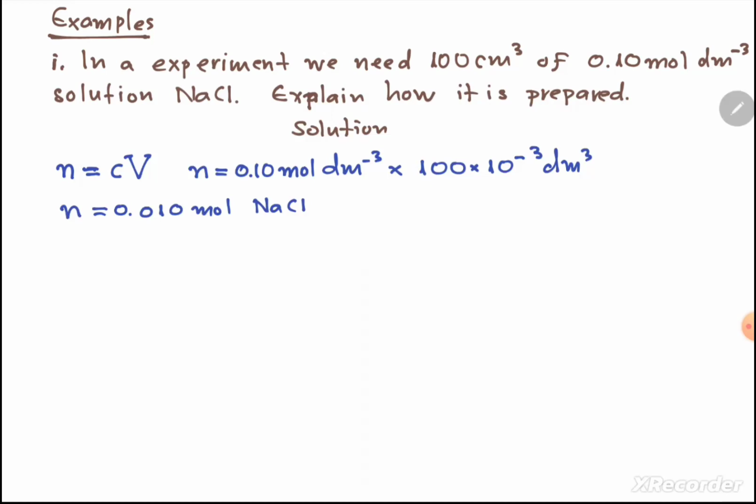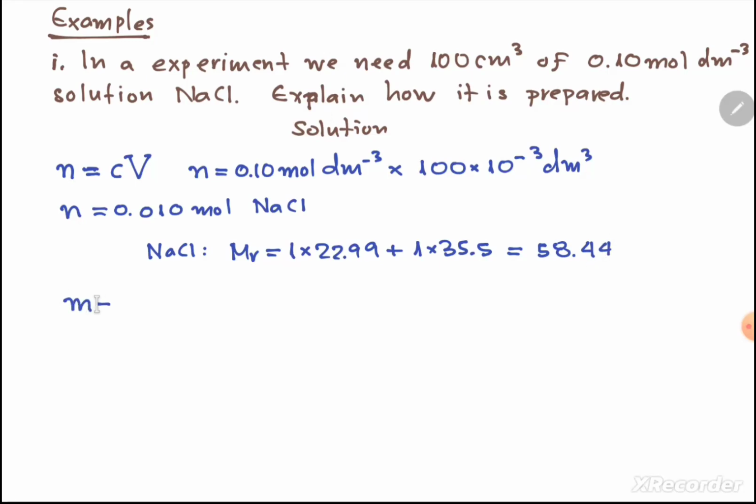We must find the grams of sodium chloride, so we need to find Mr, which is 58.44.